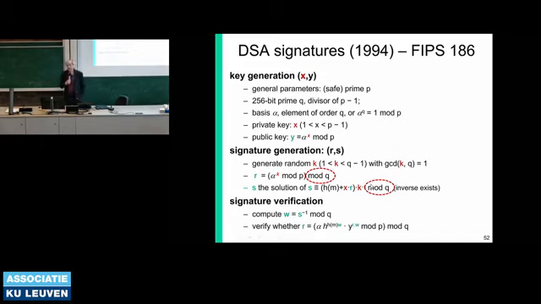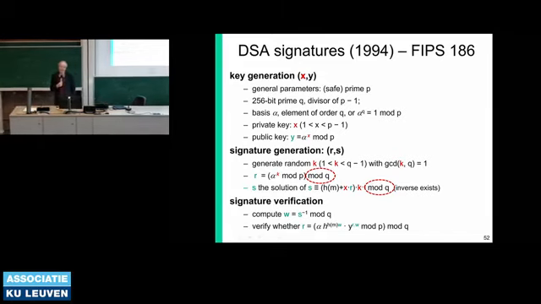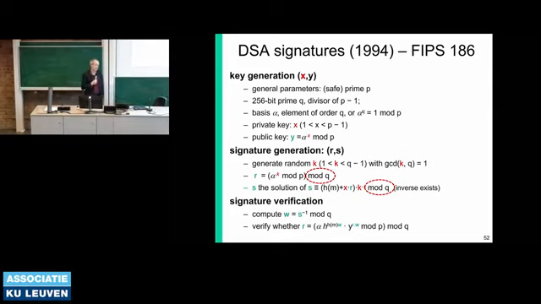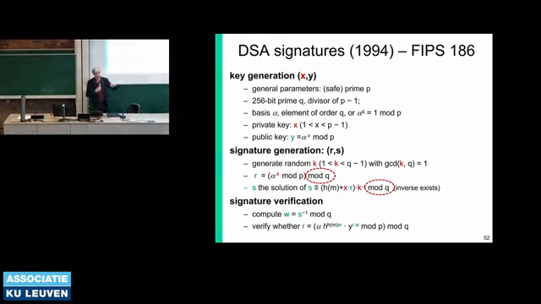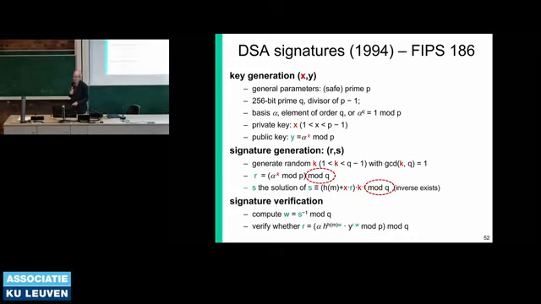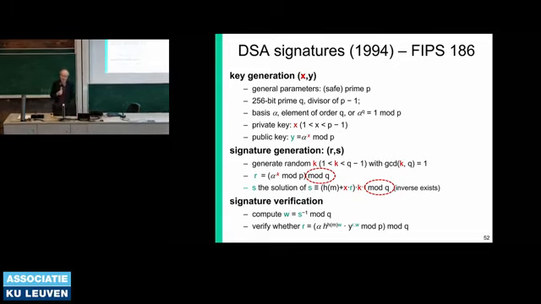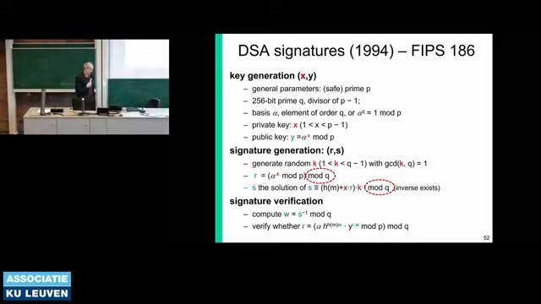At that time, p was 512 bits, 768 bits. Today, p should be 2,000 or 3,000 bits. But q at that time was 160 bits, today can be 256 bits. So it's actually very nice because your signature R and S is much smaller. Instead of 2 times the size of p, which today would be 4,000 bits, 2 times the size of q would be 512 bits. So it has some nice features.